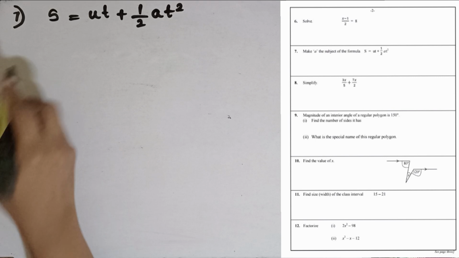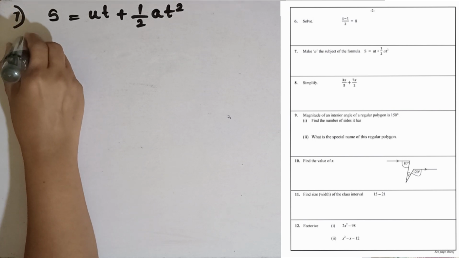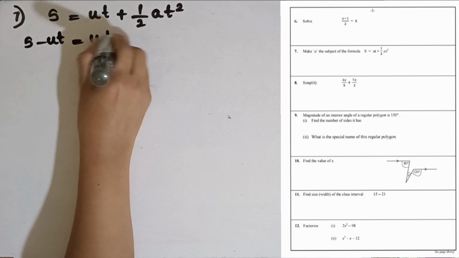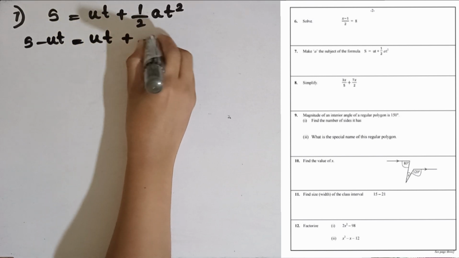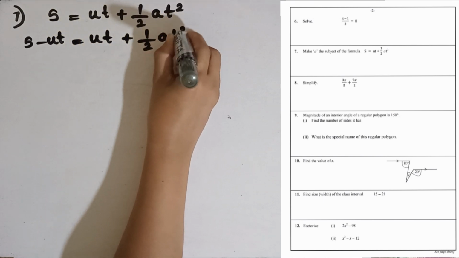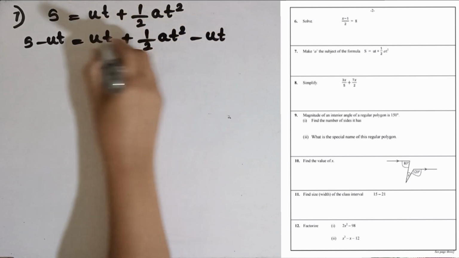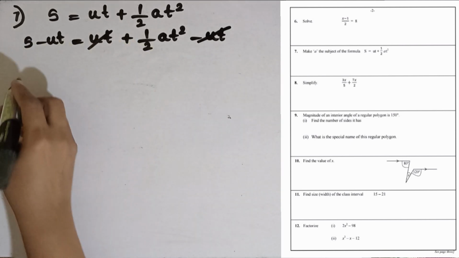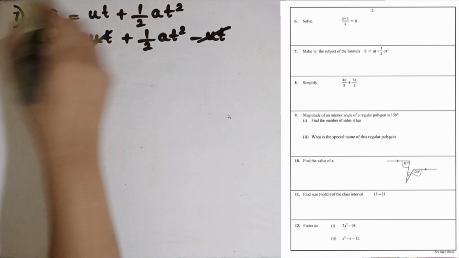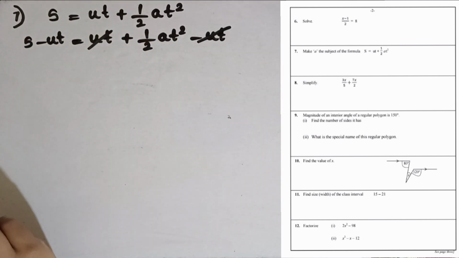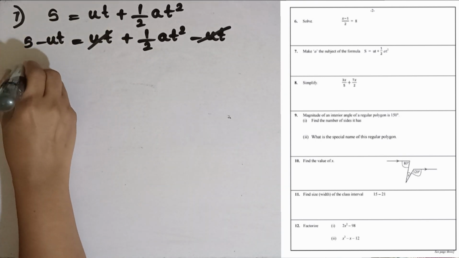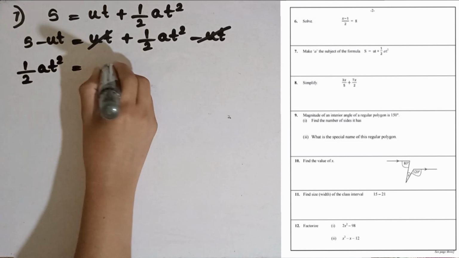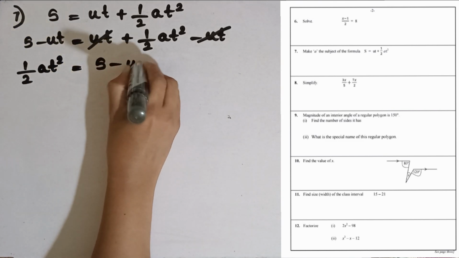For that ut is subtracted from both sides. s minus ut equal to ut plus half at squared minus ut. Then plus ut and minus ut are cancelled. Then I will take this term to this side and interchange the sides. Then half at squared is equal to s minus ut.